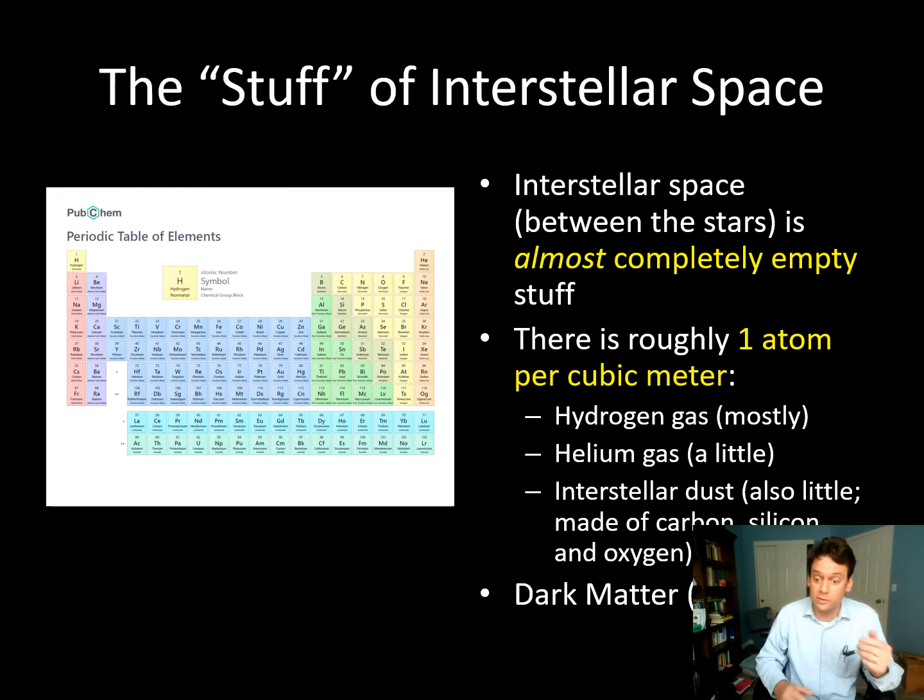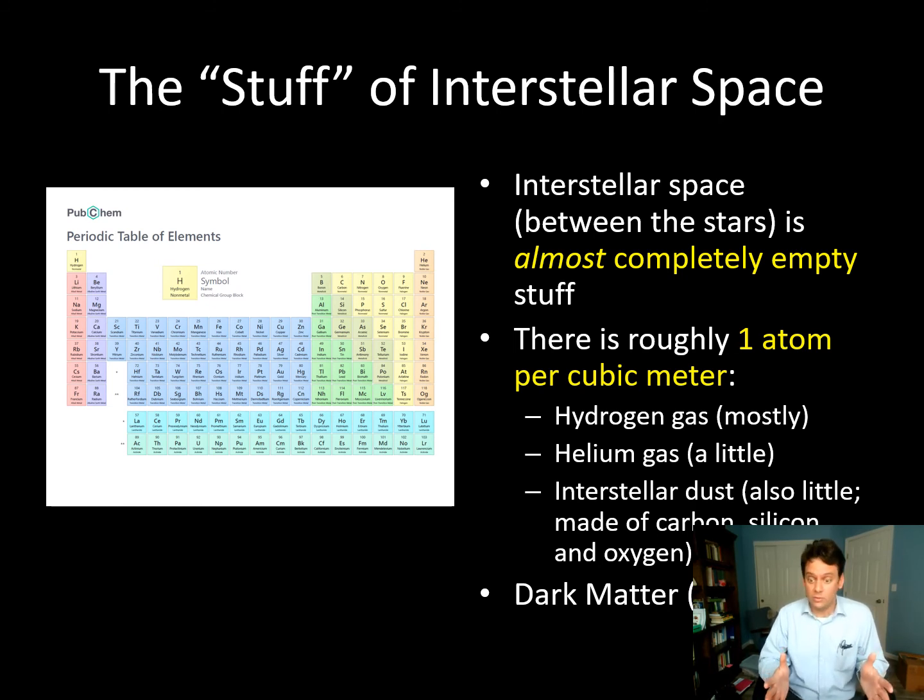Avogadro's number, for any of those that have taken chemistry. That's like 6 with 23 zeros after it. In a cubic centimeter. In contrast, we're talking about 1 atom per cubic meter out in interstellar space. So almost nothing. Not quite nothing, but almost nothing.